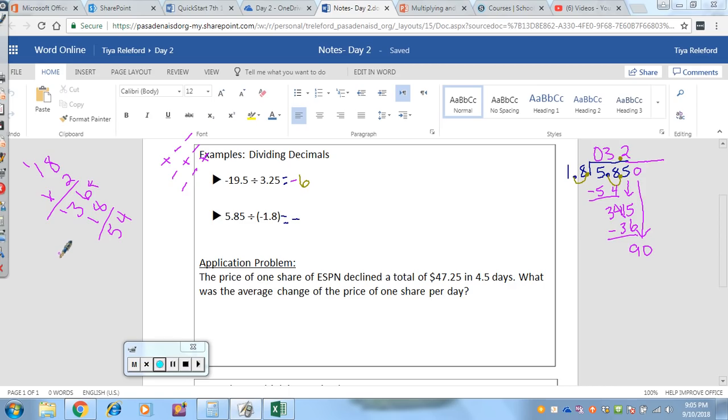How many times does 18 go into 90? Try 5 times, 4 times. 5 times.